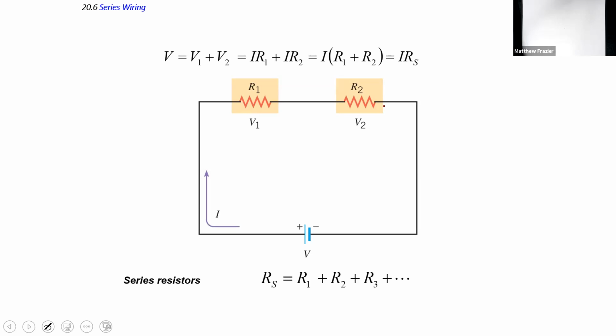And the current that flows is based on the potential of the battery and the circuit. And so we can express it as a series resistance. And what we get to is that the resistance of a circuit made out of series parts is just the addition of all the resistors.